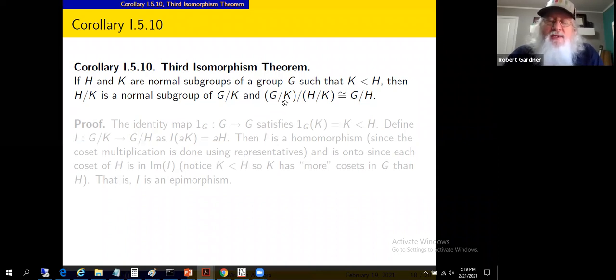We'll be taking cosets of K in G and adding them to this particular group, this subgroup of G mod K. So we'll have cosets added to subgroups versus elements added to subgroups.